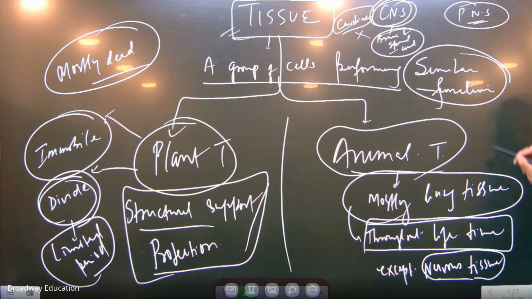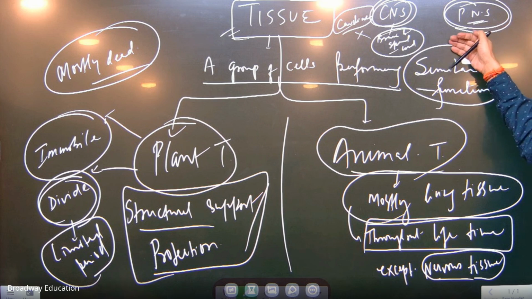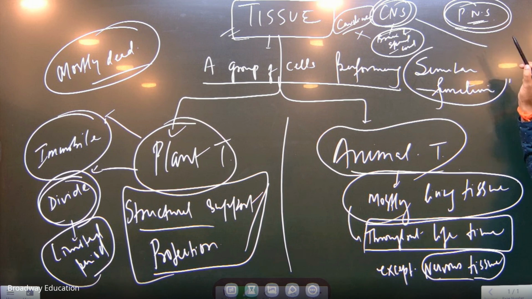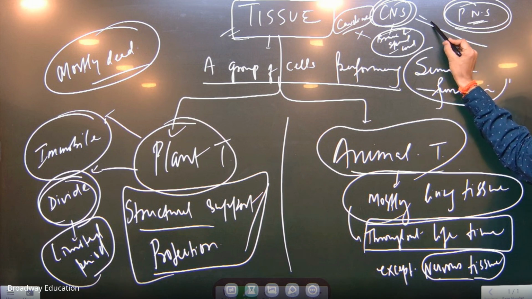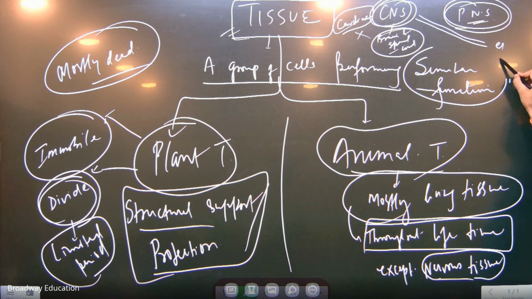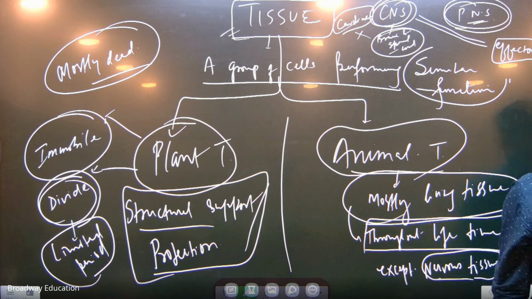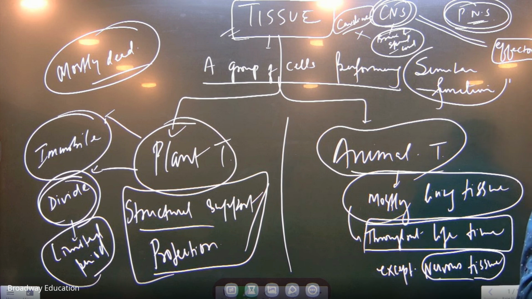But when I talk about the peripheral nervous system, it connects the central nervous system with the effector. Understanding my point? Yes or no? Effector means, as I said yesterday also, sensation to pain, touch. All these are the sensations that we feel.